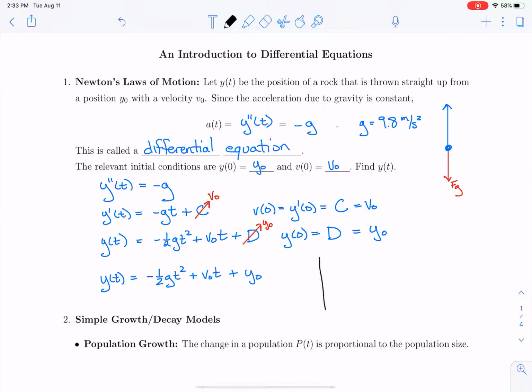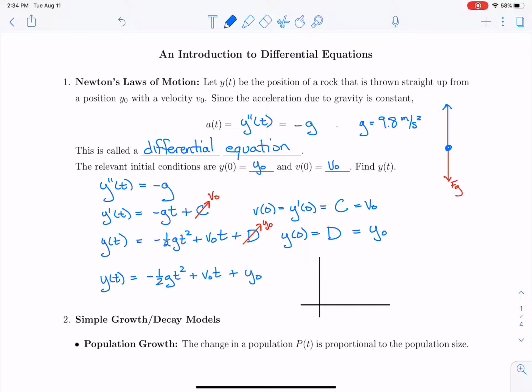Okay, so if I start at time 0, what I have is an upside down parabola. I'm going to assume here that y sub 0 and v sub 0 are both positive, so that the rock is starting in a positive position and that we're throwing it upward.